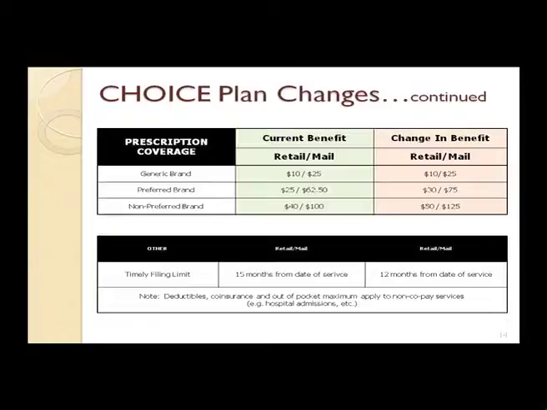And non-preferred increased $50 for a 30-day supply, $125 for a 90-day supply. Your provider will now have 12 months to bill the plan in order to get paid, and that has decreased from 15 months. So, if you fell asleep during this presentation, now it's time to remember the important points.